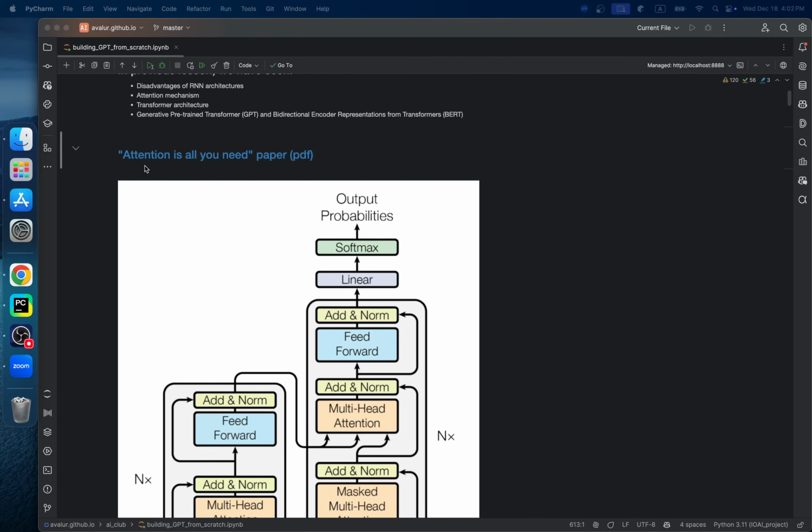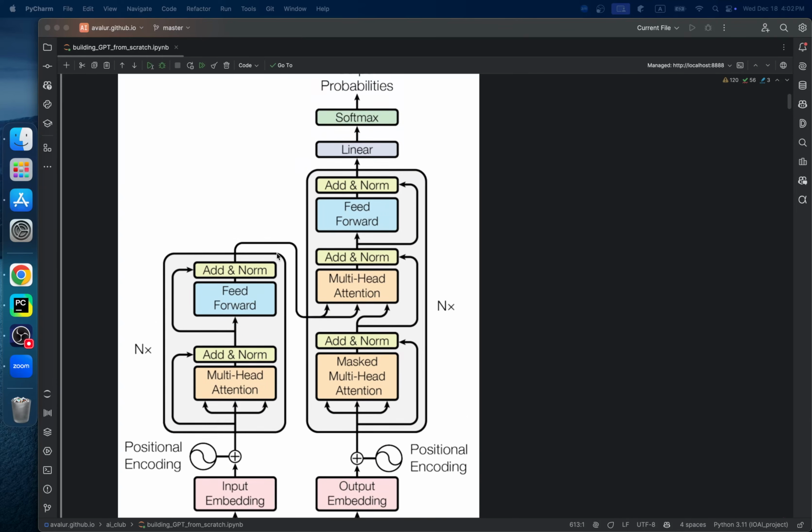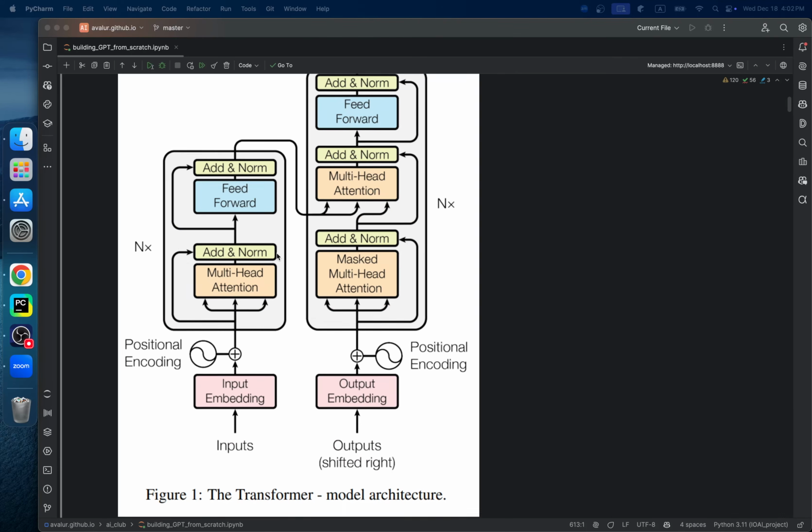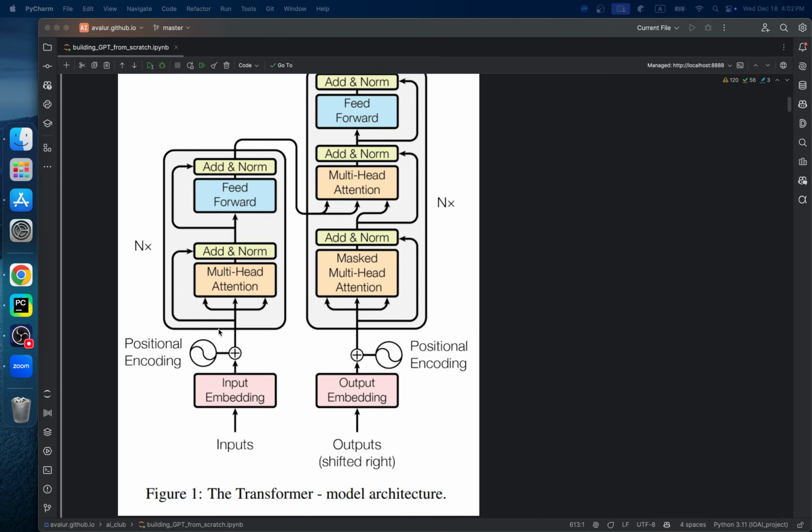This is the picture from the Attention Is All You Need paper, and I hope that now you are a little bit more familiar with the two parts of this architecture. The first is the encoder block, where we perform self-attention inside this block.